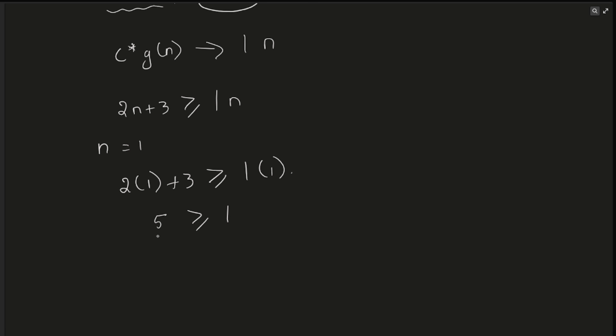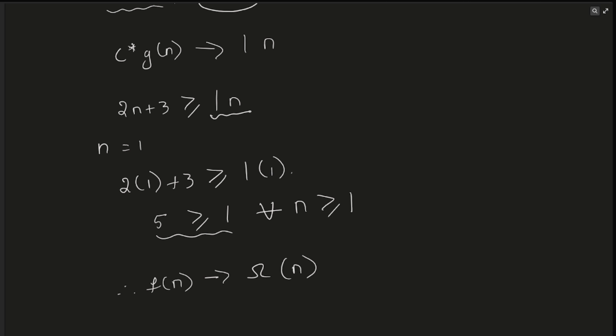And this condition holds good for all n greater than or equal to 1. Since the condition is holding good, we can conclude that the time complexity of 2n plus 3 is big omega of n, which is nothing but g of n.